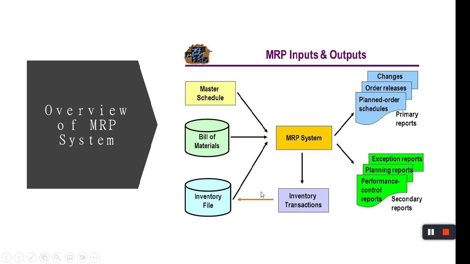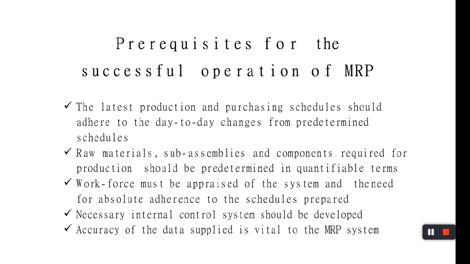Let's say only 50 raw materials were released to production, but the personnel inputted 60 instead of 50. So there is inaccurate data being supplied to the MRP system, and as a consequence, the reports will also be inaccurate.